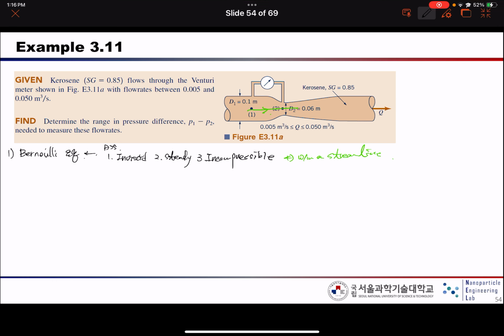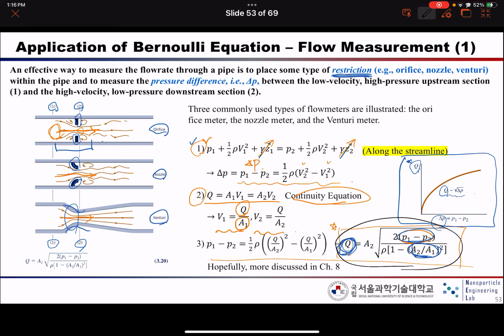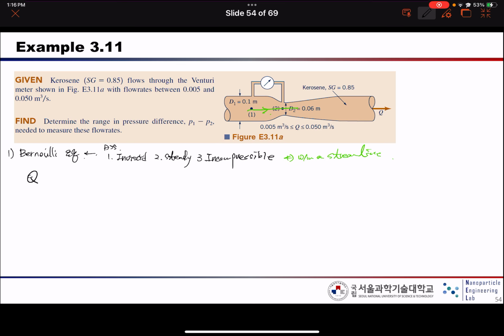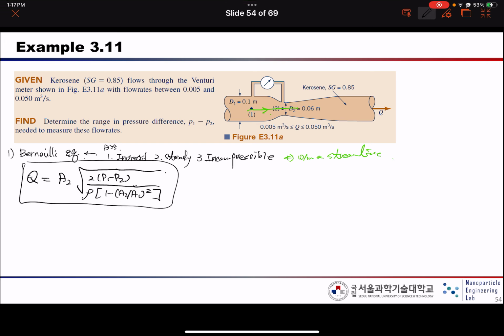If we use this concept, we can write Q equals A2 times the square root of 2(P1 minus P2) over rho times (1 minus (A2/A1) squared). Okay, this is what we derived on the previous page, right?